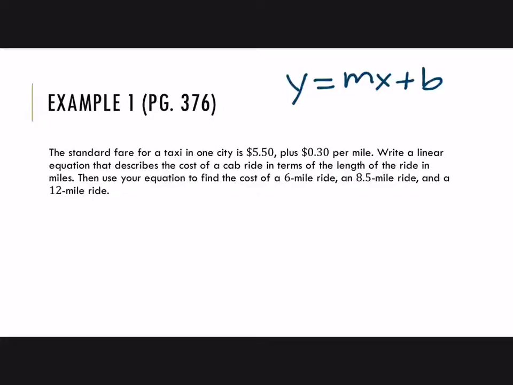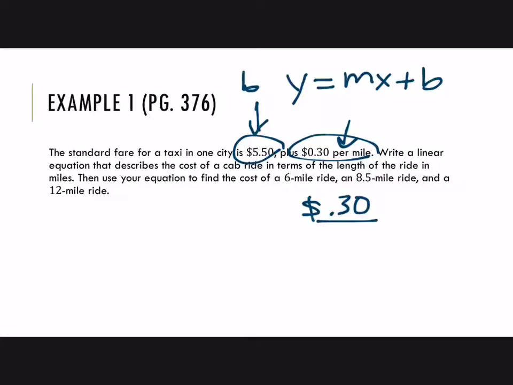The standard fare for a taxi is $5.50 plus 30 cents per mile. The $5.50 is just a fixed amount, so that could be the b. And 30 cents per mile, that word "per" indicates a rate. This is like a fraction, 30 cents per mile, or the rate in dollars per mile.